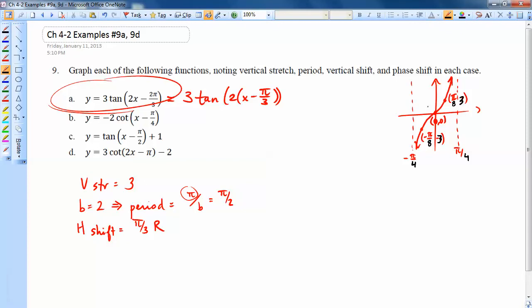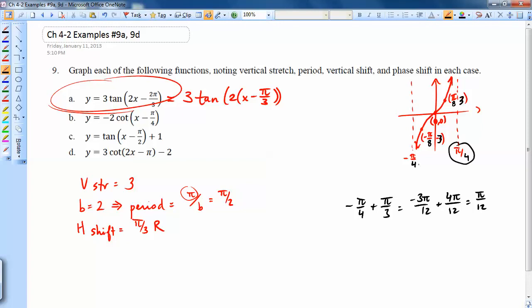So everything has to get shifted pi over 3 to the right, which isn't super convenient because we don't have any over 3s here. They're over 4s and 8s. So if I go negative pi over 4 and I shift it pi over 3 to the right, that's the same thing as saying negative 3 pi over 12 plus 4 pi over 12. So this is going to be pi over 12. So I'm going to get an asymptote at pi over 12.